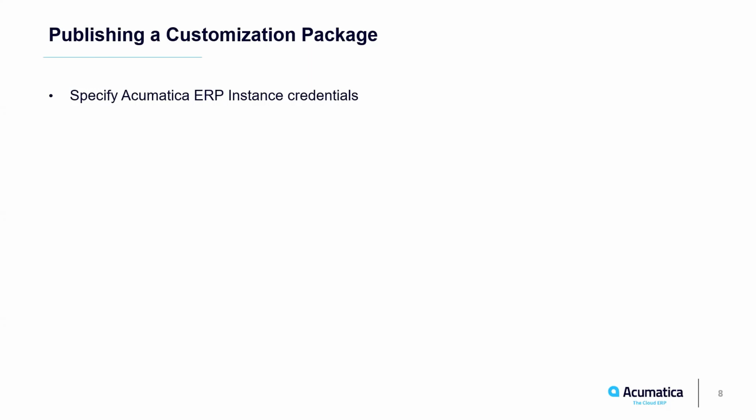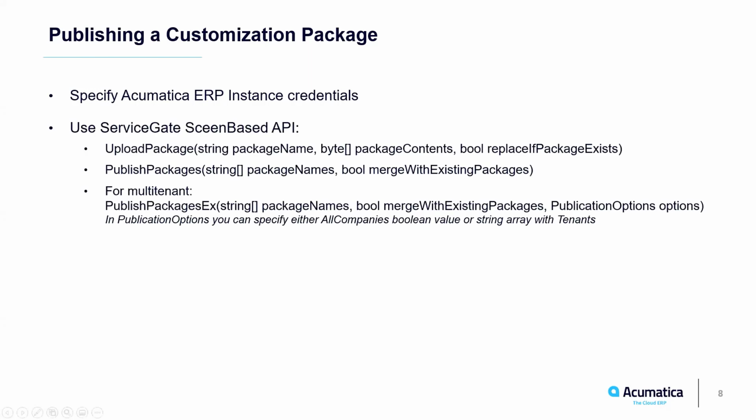But today I would like to tell you about a special designed interface for this, which is the Service Gate API. This API is present in every Acumatica instance and allows us to import and publish customizations and do some other specific tasks using SOAP-like web requests.